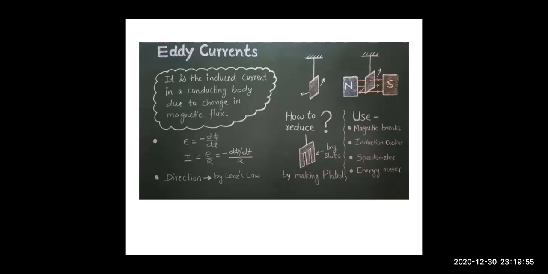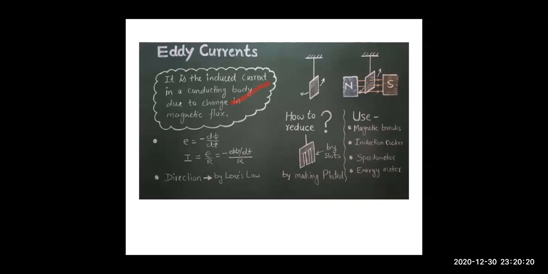So the current that is produced due to the motion of these electrons is called the eddy current, right? So the current that is induced in a solid body due to the change in the magnetic flux is known as the eddy current, right, children?